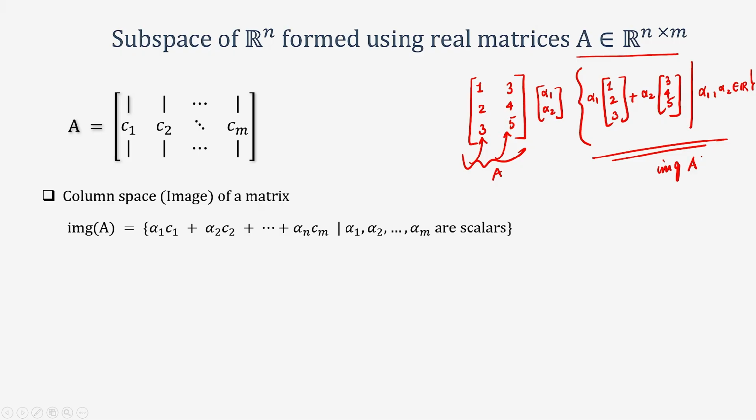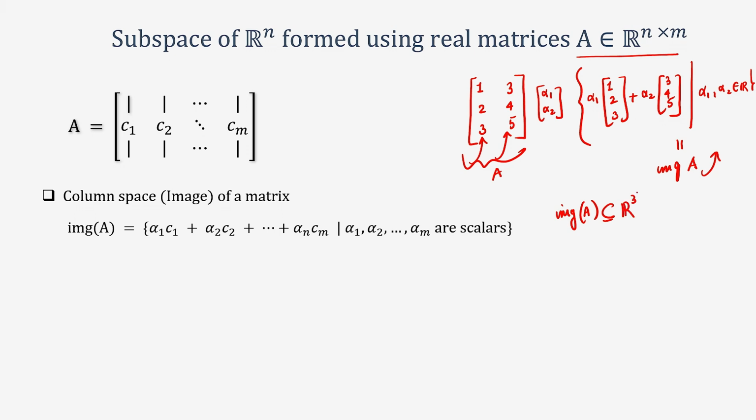So, you give any value of alpha 1 and alpha 2, this will lie in this set, and the good thing about this set is that this will turn out to be a subspace. So, subspace of what? Subspace of R3. I have called this set the image of A, right. Notice that image of A, first of all, is a subset of R3 in this example.